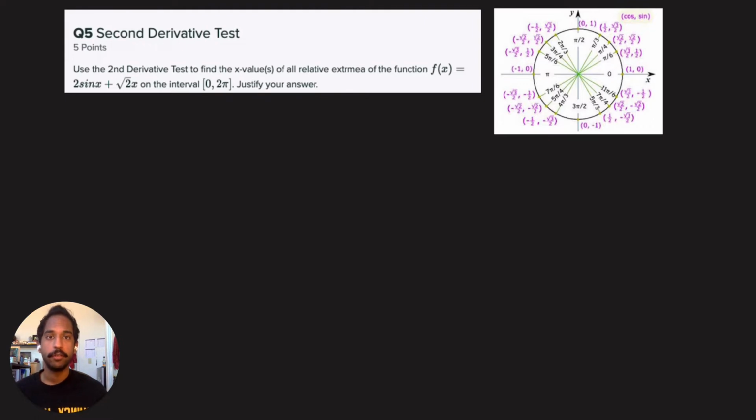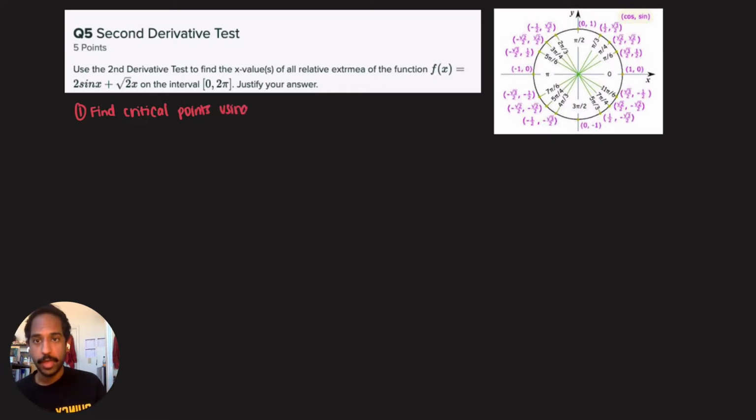The first one is find where the first derivative equals 0, because that is going to tell us where those extrema might be. So one is find those critical points using f prime.